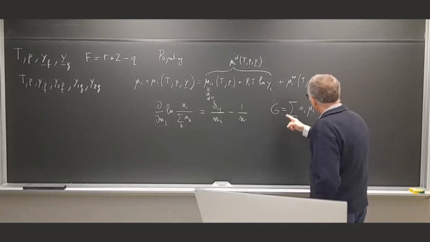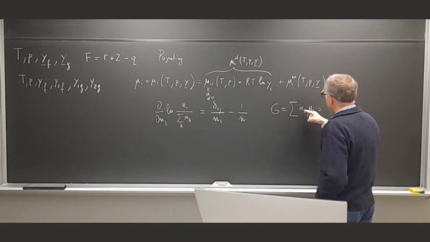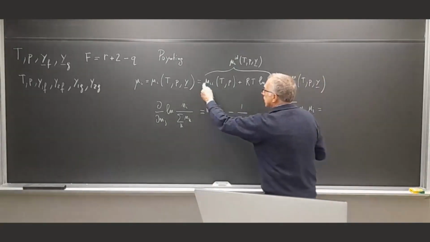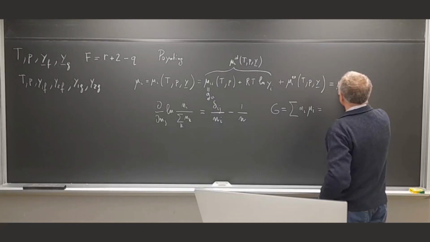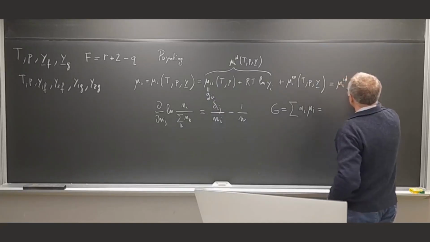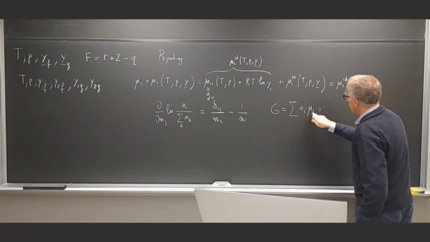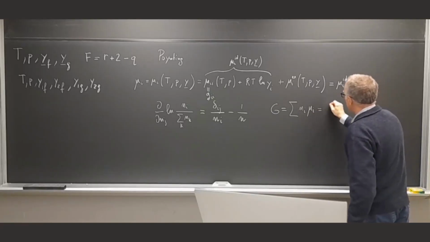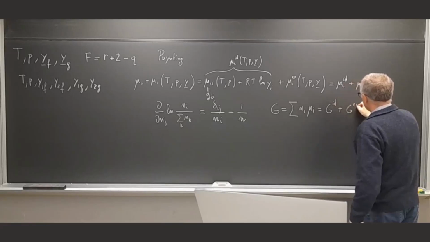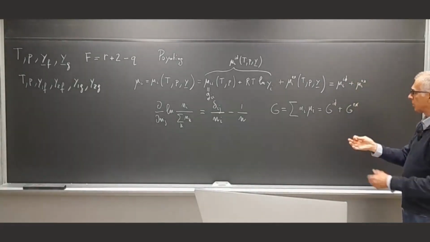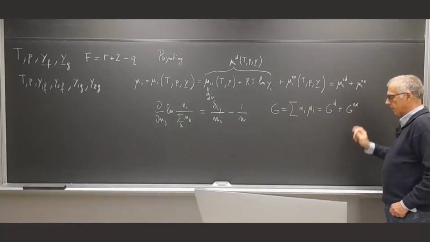And so if you want, you can also define, parallel with the fact that we decided to write the chemical potential as mu i ideal plus mu i excess, you can also plug that into here and obtain an overall mixture Gibbs free energy as a sum of an ideal part and an excess part.